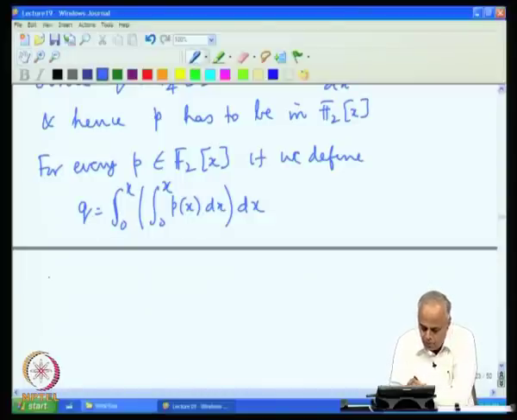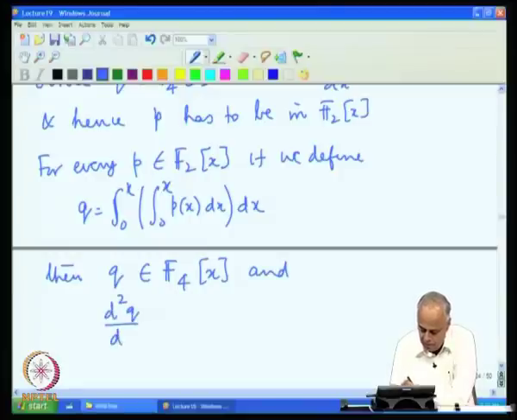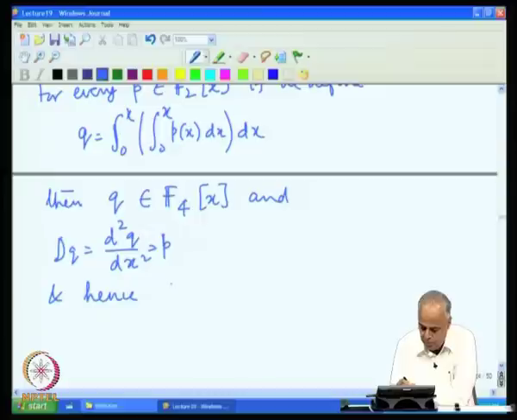So, Q will be in F4x, and if we differentiate, that is D of Q will be precisely P, and hence P will belong to the range of D.